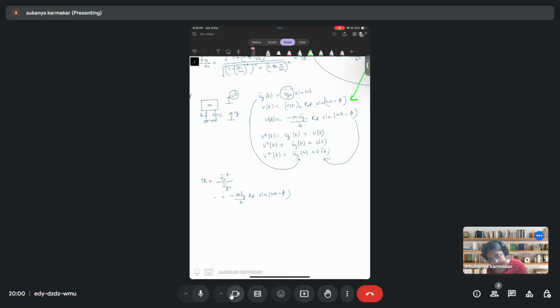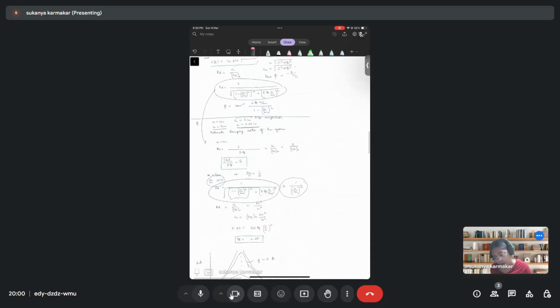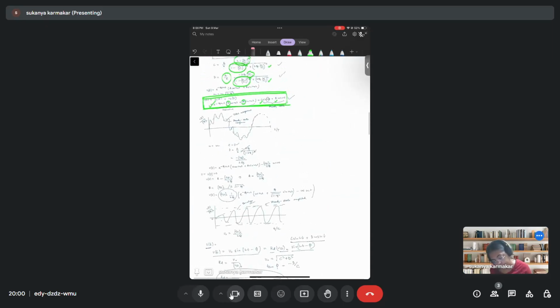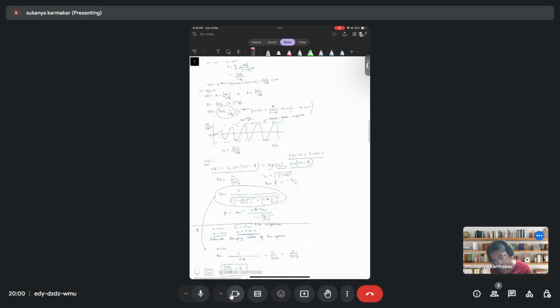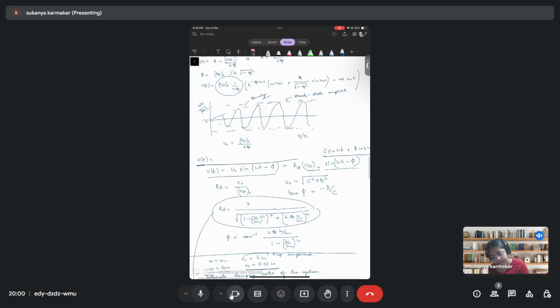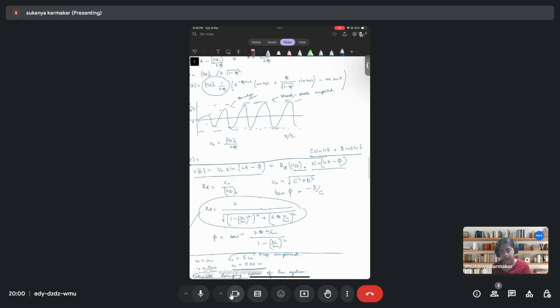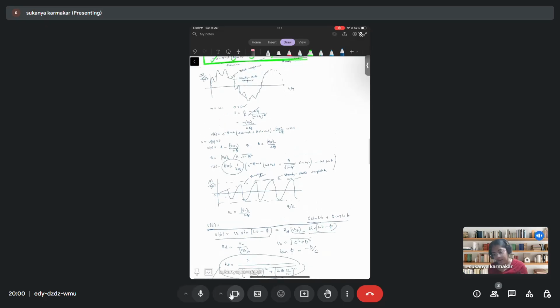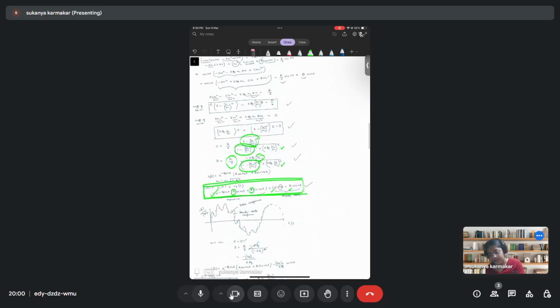So how was this RD derived? As you can remember, this RD was derived by picking up this particular solution, that u of t is c sine of omega t plus d cos of omega t, where c and d were calculated using these expressions.